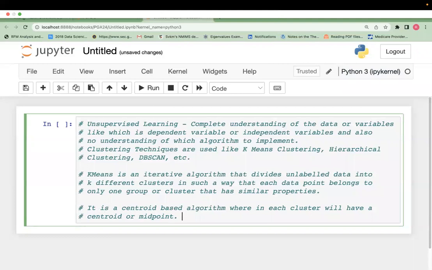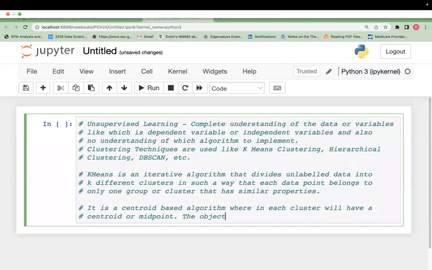Every cluster will have a midpoint or centroid. From that midpoint or centroid, the distance is calculated and the closeness is found, and then accordingly the clusters will be formed.